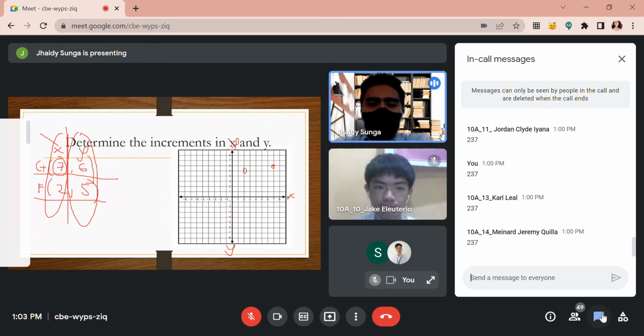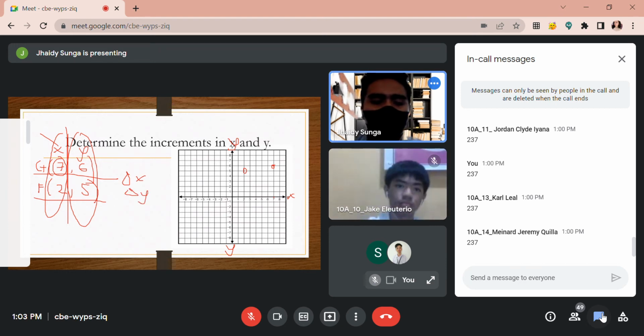So may I know what would be the answer if we have the delta x and delta y? I would like to see an answer in the comment section. For example, what's the formula of delta x and delta y?